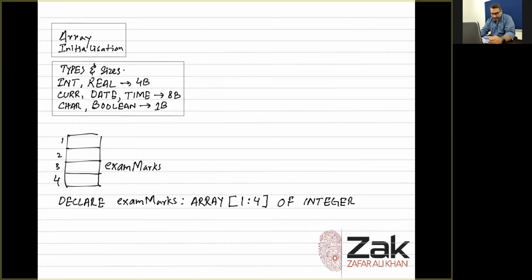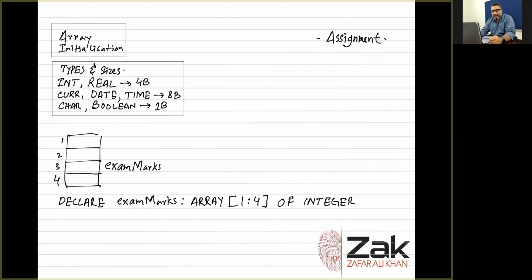Then let's say, for example, we are using an ExamMarks array. The name of this array is ExamMarks. It has got 4 places, 4 elements. So how do we declare this array? DECLARE ExamMarks AS ARRAY starting from 1 as lower bound and ending at 4 as upper bound and of type INTEGER. This is the declaration of this array.